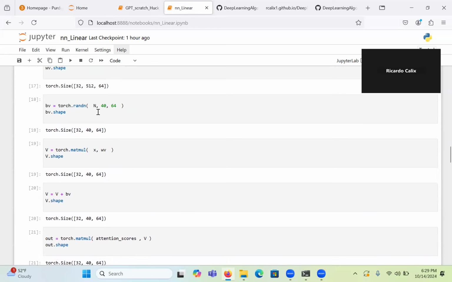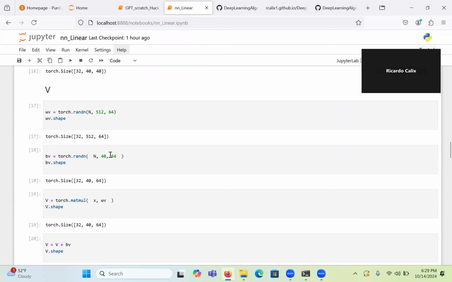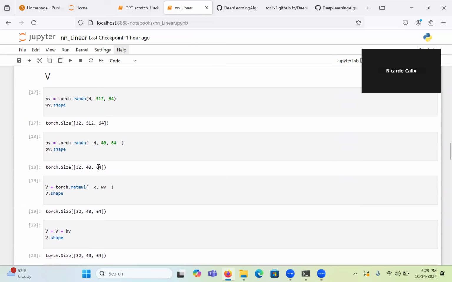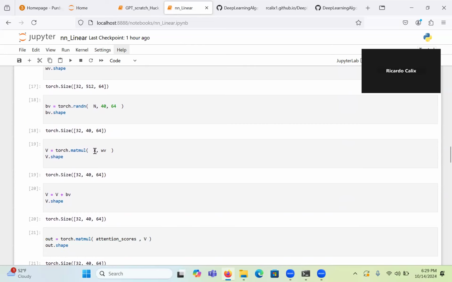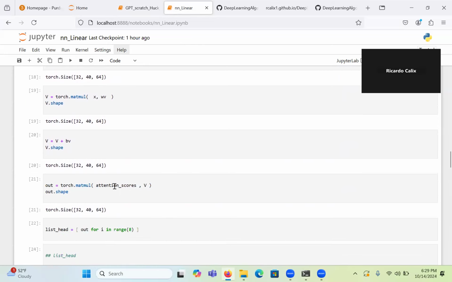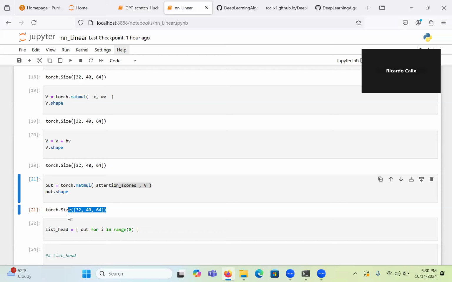So for this example, we took V as 40 by 64. We multiply it times, so it goes into X, and then the attention scores times V produces batch 40 by 64. So we get the tensor back out.